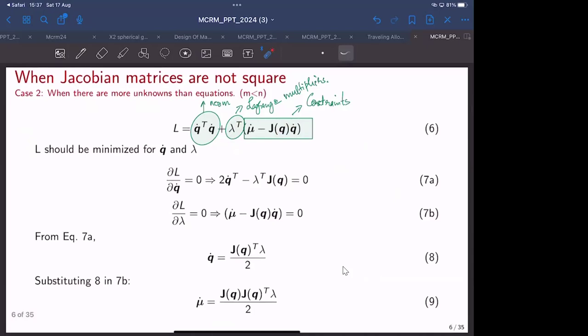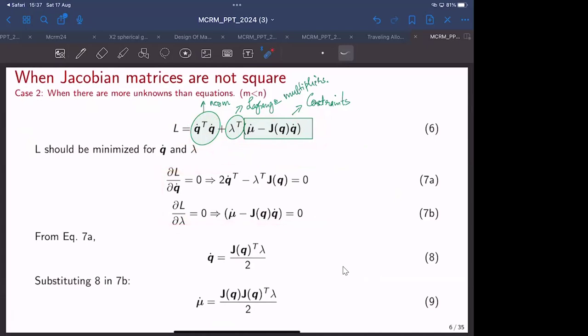Similarly, if you take the partial derivative with respect to lambda, since the first term does not have any lambda, its derivative becomes 0, and the derivative of the constraint term with respect to lambda is simply the coefficient of lambda. Now you have two equations.